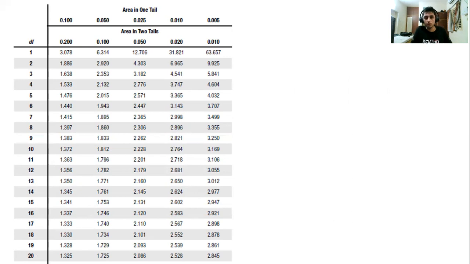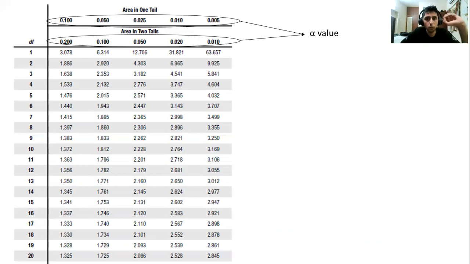Once you find out using the hypothesis whether it's a one tailed or two tailed test, just select one of them. Once you get the alpha value, just find the corresponding degree of freedom, and you map it. A value in the row and a value in the column will give you one specific cell. So the top two are the alpha values. It's very similar to the process followed in the z-test. You just have to map it and find the value.